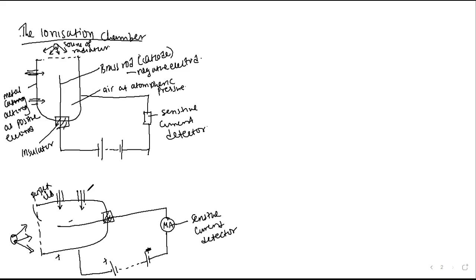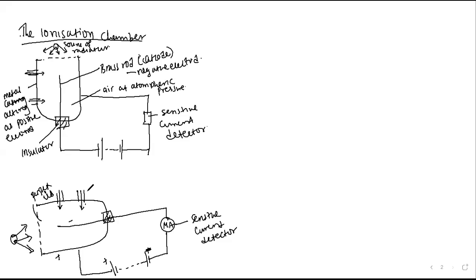But I was saying, when the ionizing radiation enters the chamber, it collides with the air molecules. Ion pairs are produced. When the ion pairs are produced, of course, instead of saying positive ions move to the cathode and then electrons move to the anode, we say the ions produced move to their respective what? Electrodes.